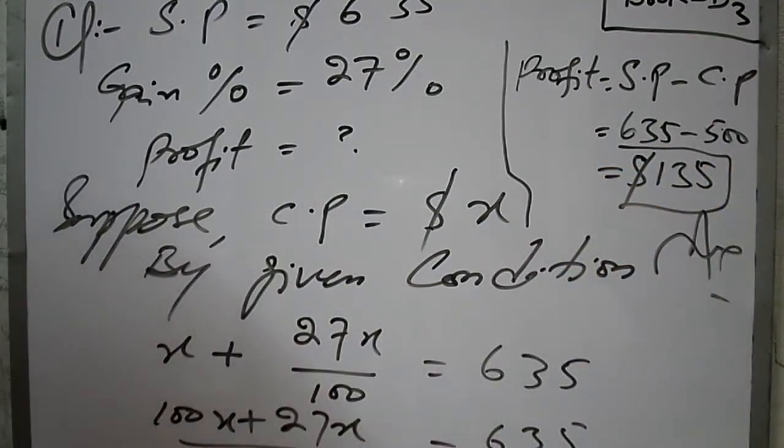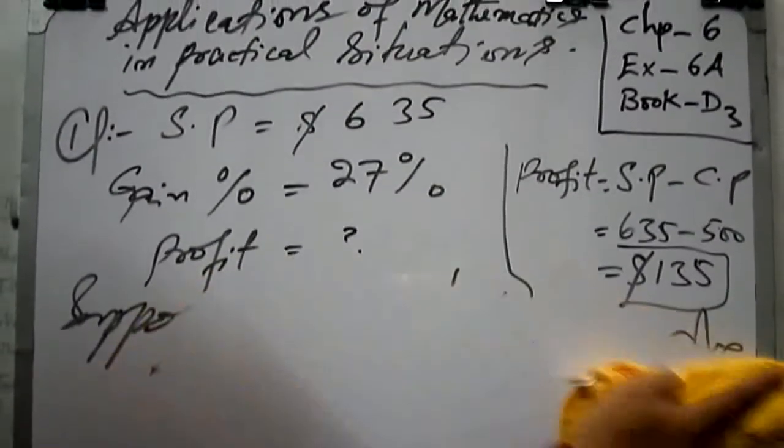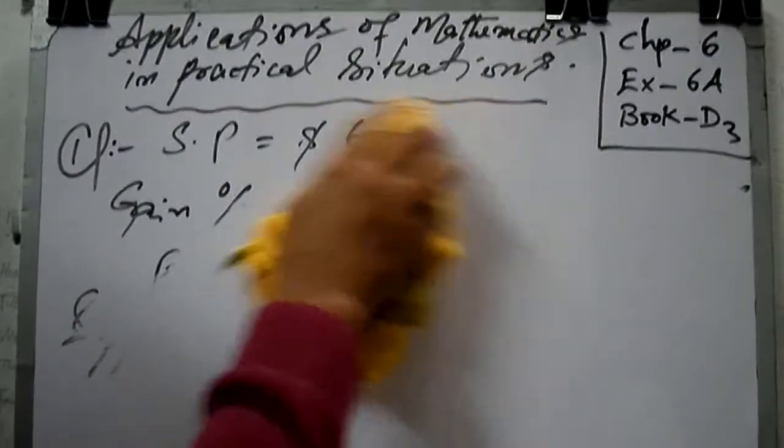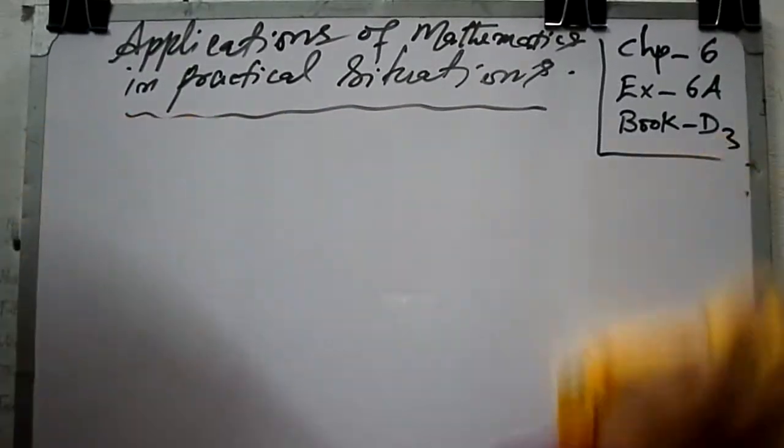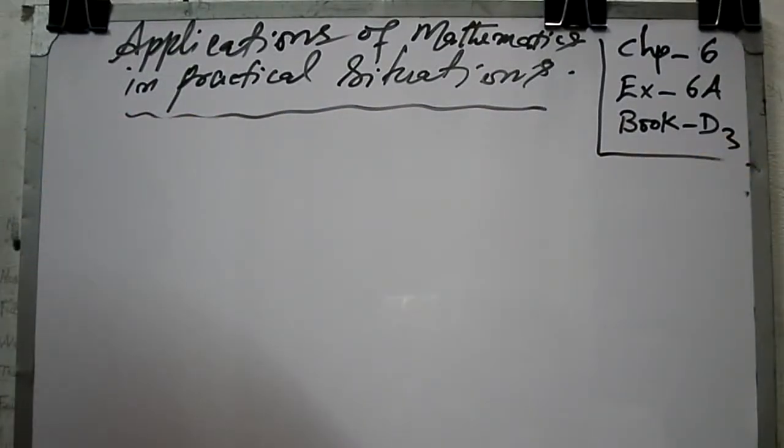Now coming to the question number 2. By selling a book for $16.50, a bookseller loses 12% on cost. What is the cost price of the book?